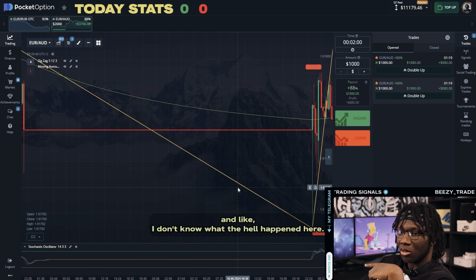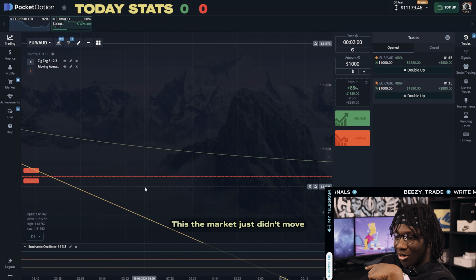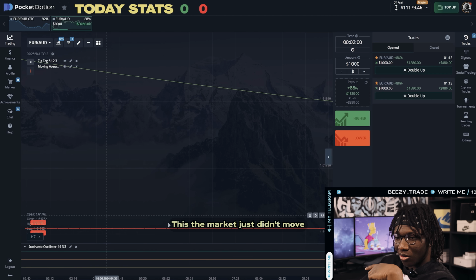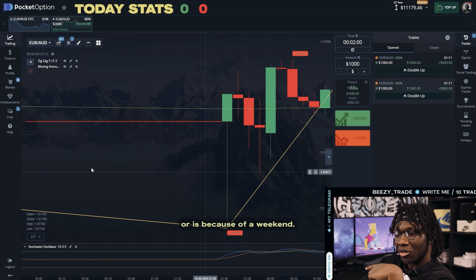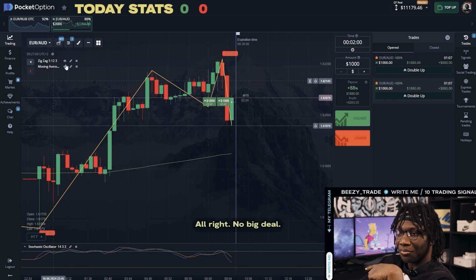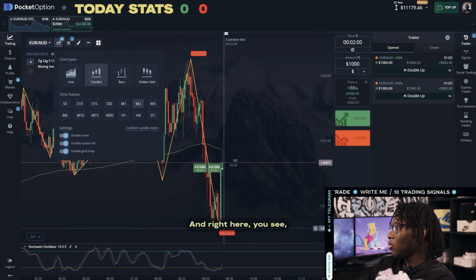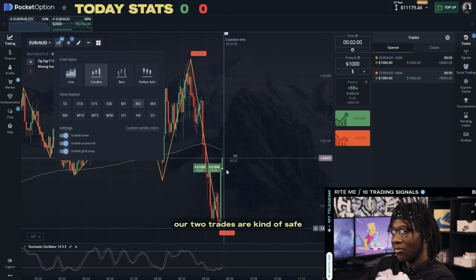And as you can see, I don't know what happened here. Is it that the market just didn't move, or is it because of the weekend? All right, no big deal. So we'll go back to our M2. And right here, we can see our two trades are kind of safe and everything is looking great.